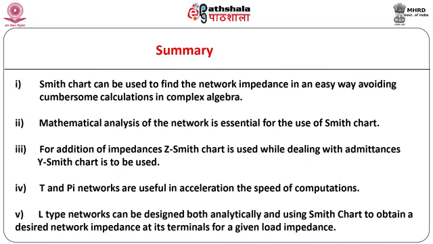However, when we use it as an admittance chart, constant R circles become constant G circles. Constant X circles become constant susceptance circles, that is, B circles. The circular distance over a complete circle is lambda by 2. The impedance repeats at an interval of lambda by 2.